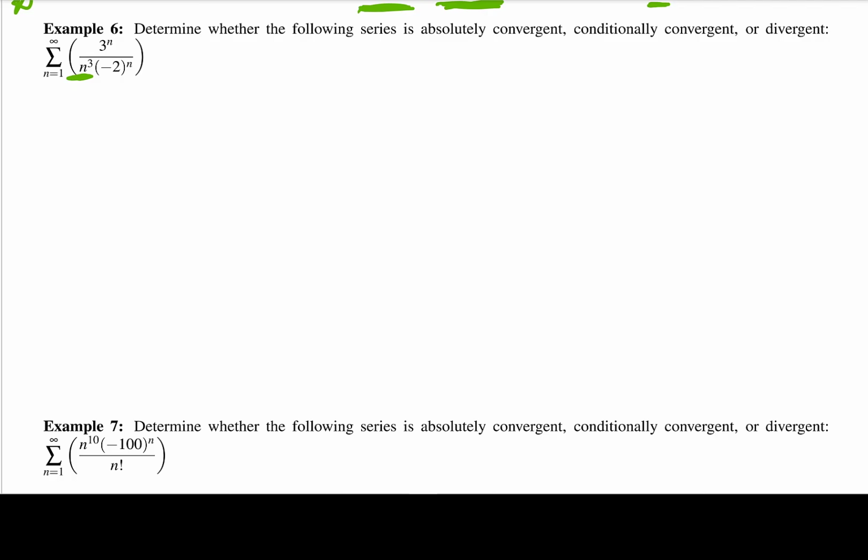We don't have n to some power. So what I'm going to do is look at the ratio test because I have exponentials in here. So this part right here is going to be my a sub n, which means that a sub n plus 1 would be 3 to the n plus 1 over n plus 1 cubed times negative 2 to the n plus 1.